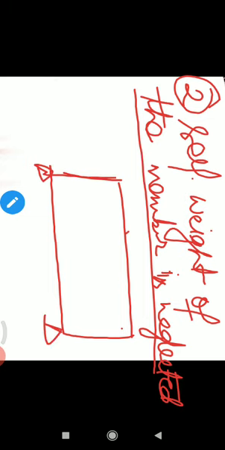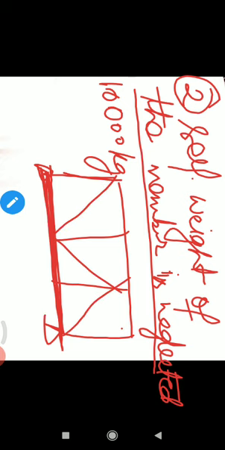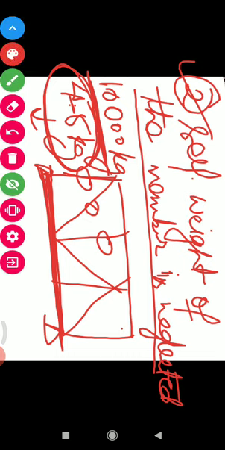So if a truss is designed to carry a load of about, suppose, 10,000 kg on a daily basis, and these members have weights of maximum 4 to 5 kg, then compared to 10,000 kg, this 4-5 kg amount is very small, so it can be neglected. Hence the self weight of the members may be neglected.